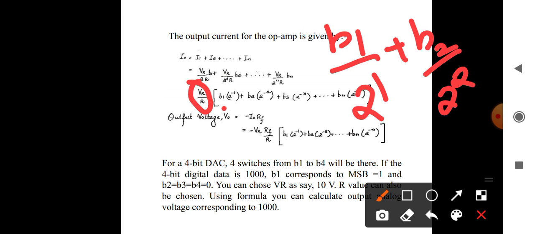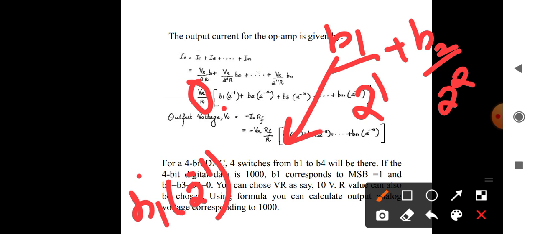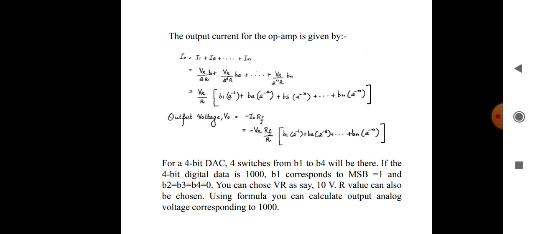Below that this can be written like this: B1 into 2 raised to minus 1, similarly B2 into 2 raised to minus 2, and like this we have written Bn into 2 raised to minus n. So this will be your I0.